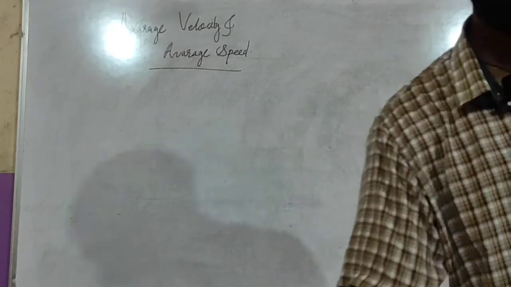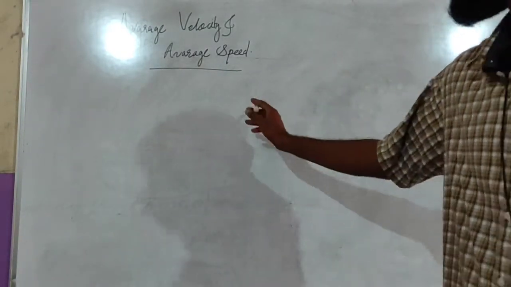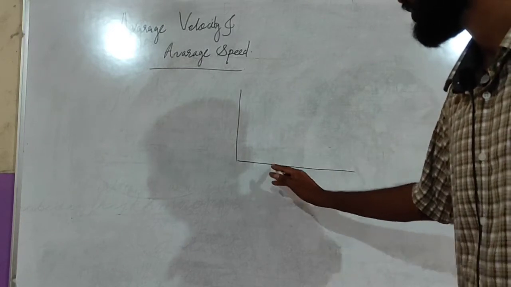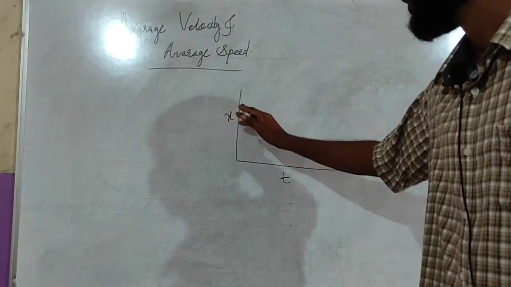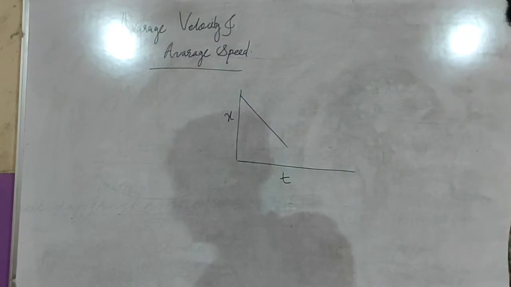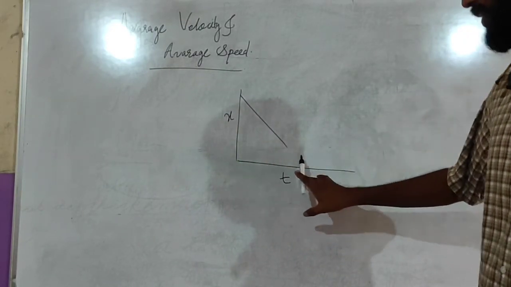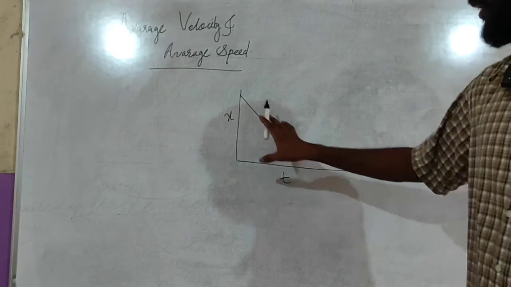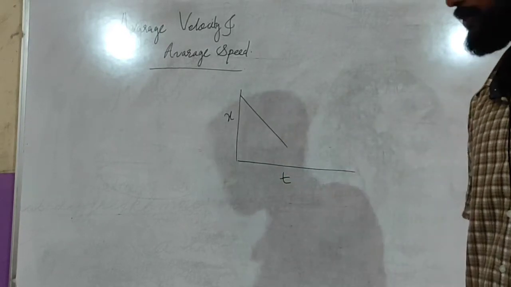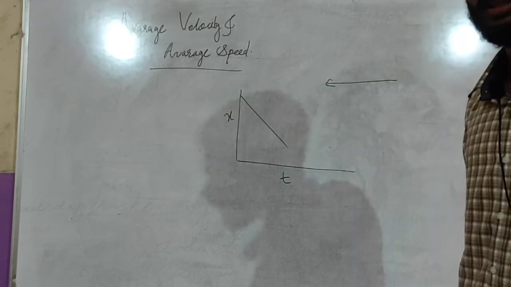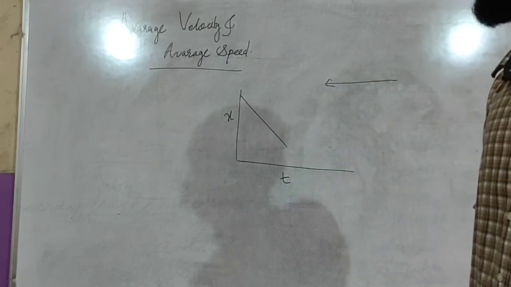Now, let us consider another graph, that is the t-x graph. The graph is like this. That means whenever the time increases, the position is decreasing. That means it is moving in the left direction.